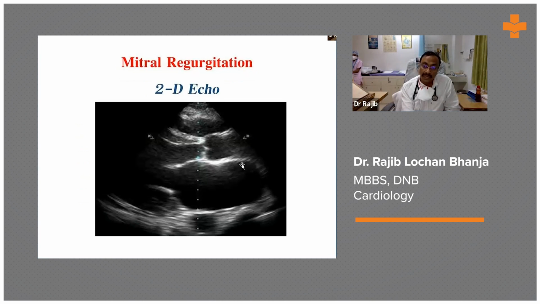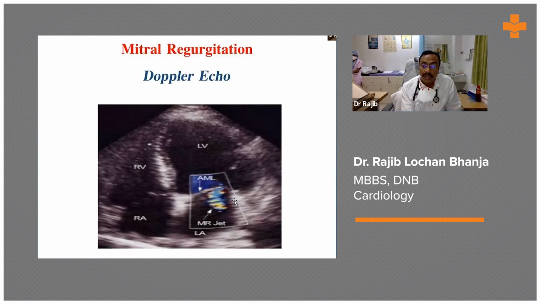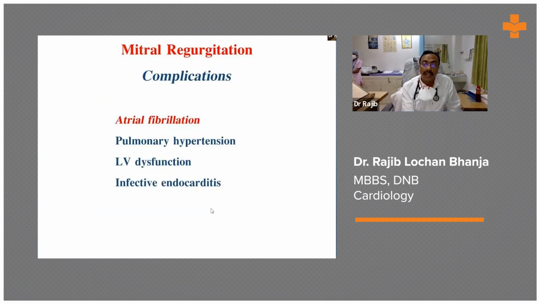Again, you can see the LA dimensions, the left ventricular function, the LV dimensions, everything, and the pulmonary pressure from the echo. You can see the mitral regurgitation jet and decide whether it is mild, moderate, or severe. Atrial fibrillation is the commonest complication, along with pulmonary hypertension, LV dysfunction, and infective endocarditis.